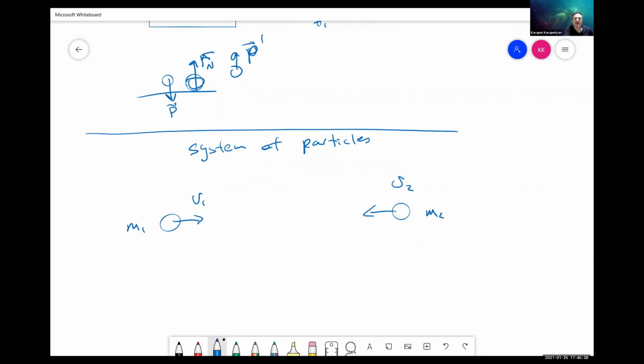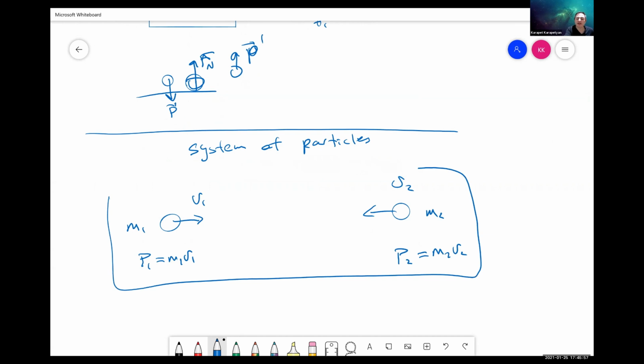That means P1 is the momentum of object 1, which is M1 times V1. P2 is the momentum of object 2, M2 times V2. Because it's a system, I'm going to take them together. That means I have a total momentum, which is P1 plus P2, the momentum of object 1 plus the momentum of object 2.